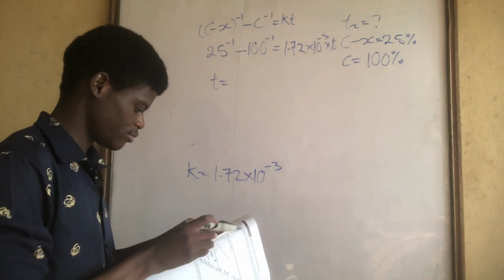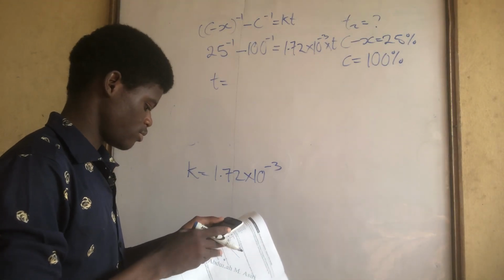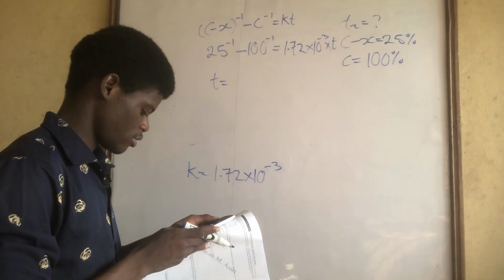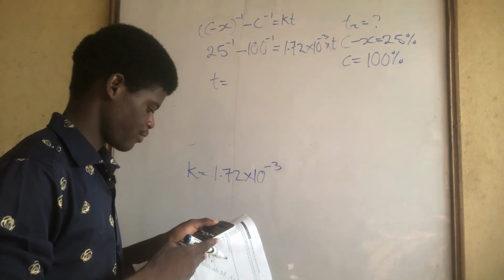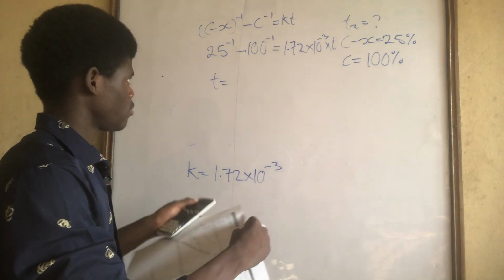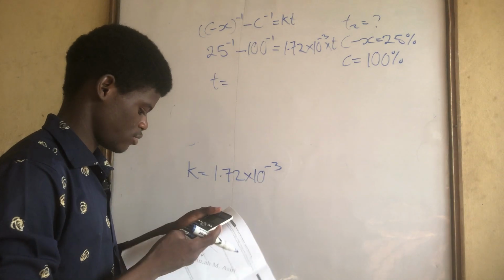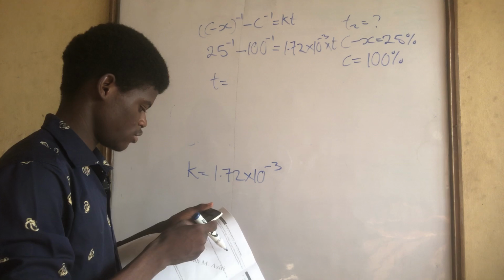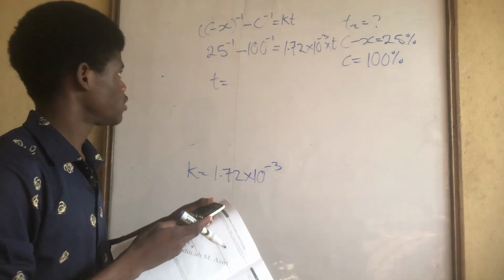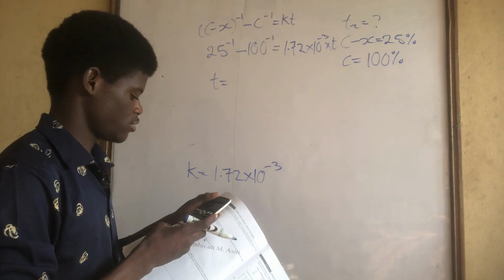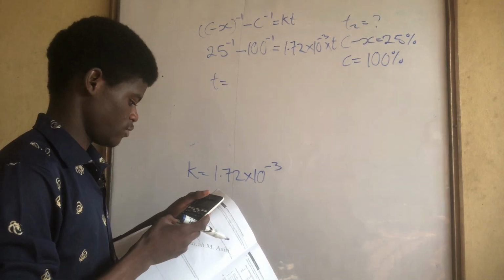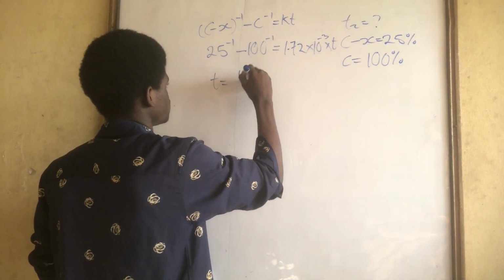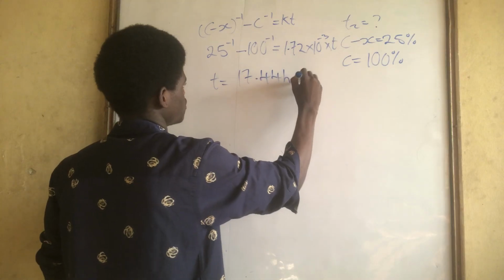25 raised to minus 1 minus 100 raised to minus 1, divided by 1.72 times 10 raised to minus 3. 25 raised to minus 1 is 0.04, and 0.03 divided by 0.00172 will give us about 17 hours, 17.44 hours.